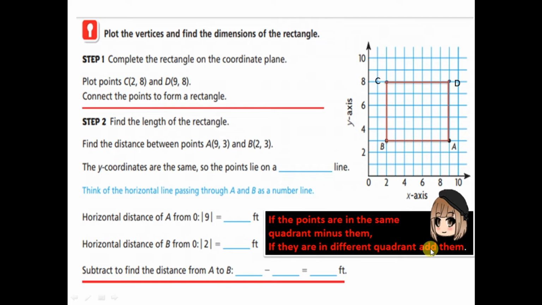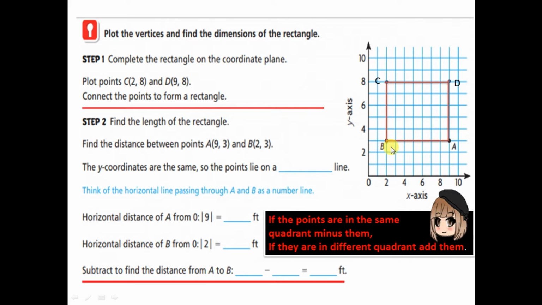So I will add their ordered pair to find the length. So again, if they are in the same quarter or quadrant, we minus them. Different quarters or different quadrants, we plus them.